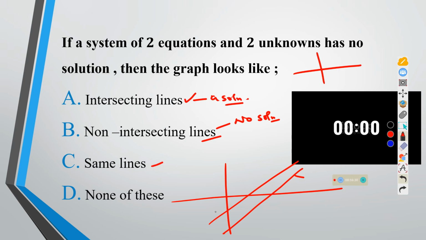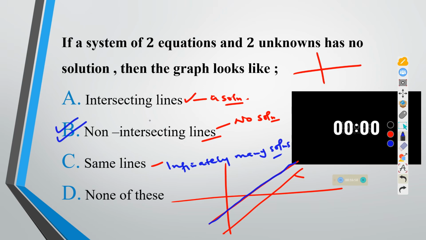If the two equations give you the same line, it means there are infinitely many solutions. So for that case, our answer will be B, where we have non-intersecting lines.